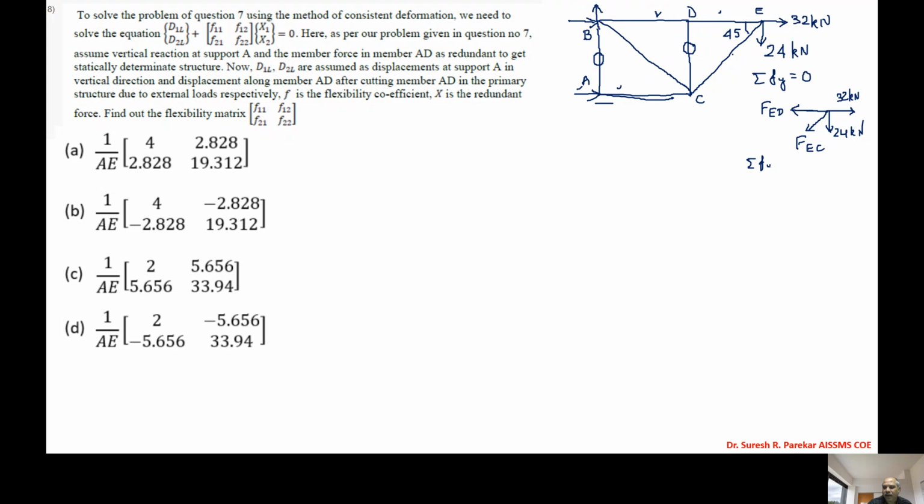We have summation Fy equal to 0, and then we have minus FEC sine 45 minus 24 equal to 0, and we will get FEC equal to minus 33.94, and minus 33.94 means we have compression. So 33.94 kilonewton compression.